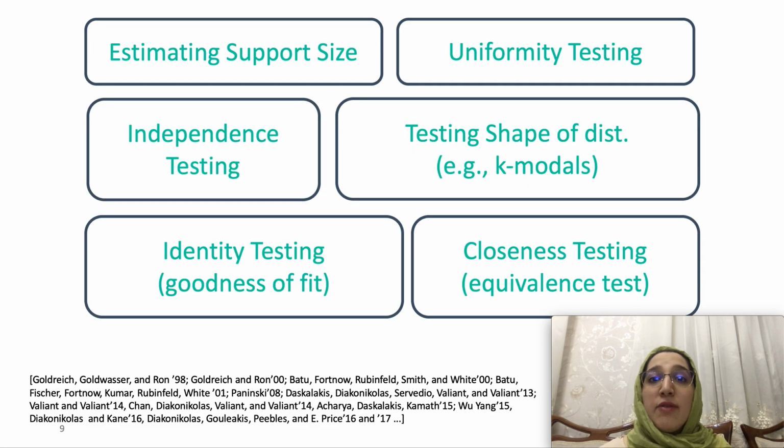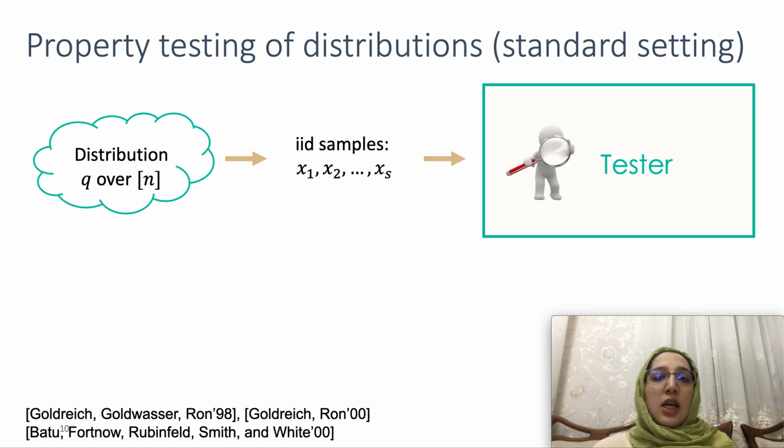Several problems have been studied before in this framework, like estimating the support size, testing whether a distribution is uniform, testing the shape of a distribution, and other problems. In the standard setting, we have some unknown distribution Q. We assume it's a discrete distribution over 1 to n.